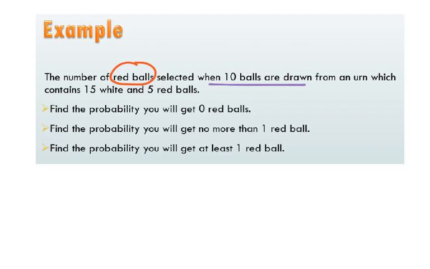The probability of getting the red ball from the bag is 5/20, because altogether the balls are 20, and red is only 5. So the probability of red, which is P, is 5/20, or 1/4, or 0.25.